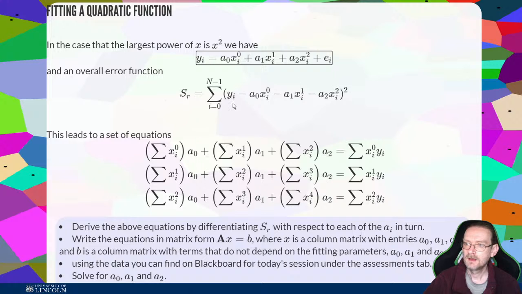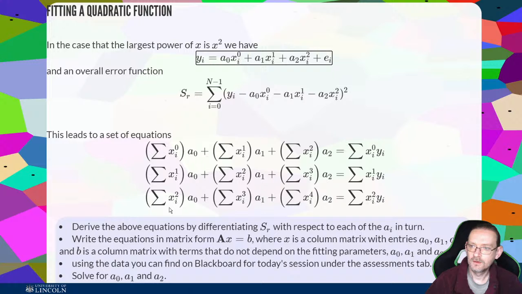And then, if I take the derivatives with respect to a0, a1, and a2, I get these three equations. So it's taking the partial derivatives of these functions. I'm remembering in these cases that x is not a variable, it's our measurements, the same for y. So essentially I'm going to get a chain rule term. Do this and I get three equations.